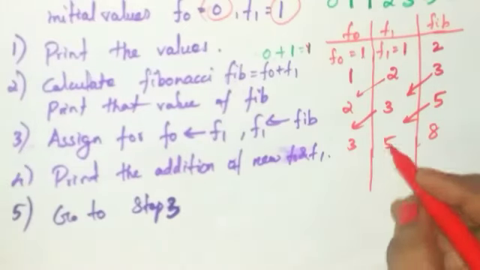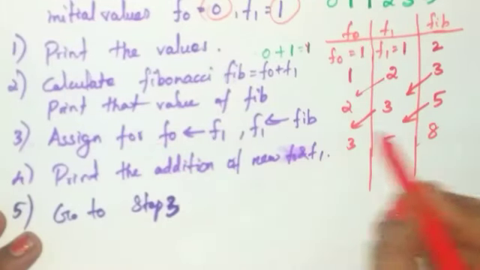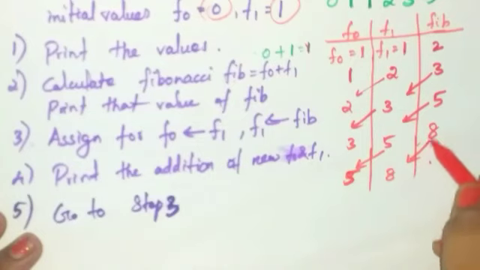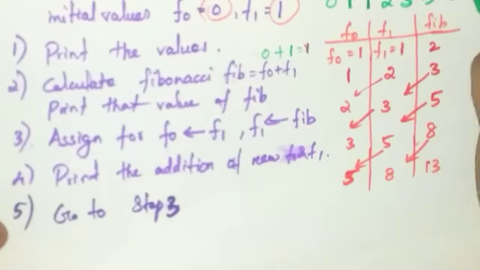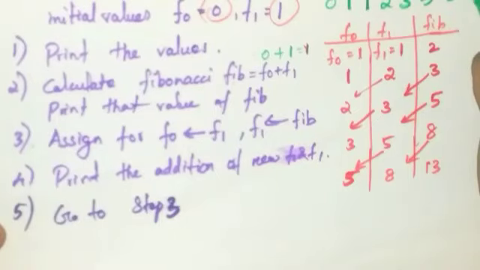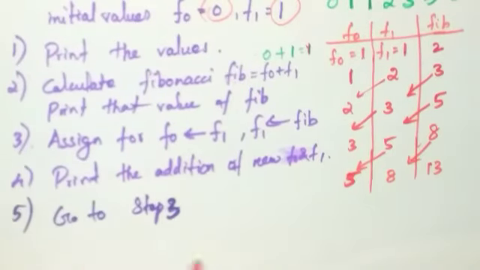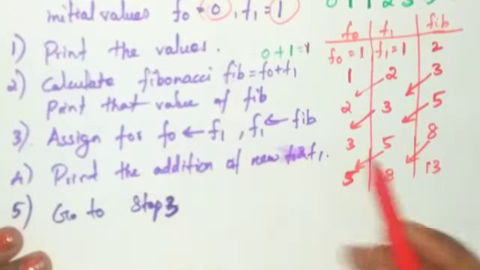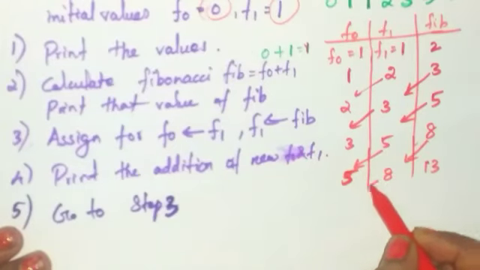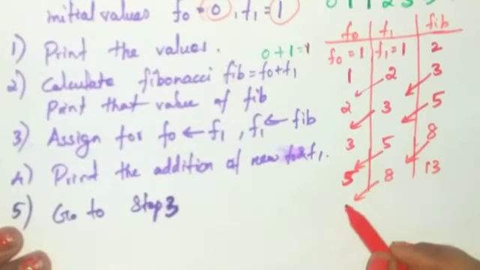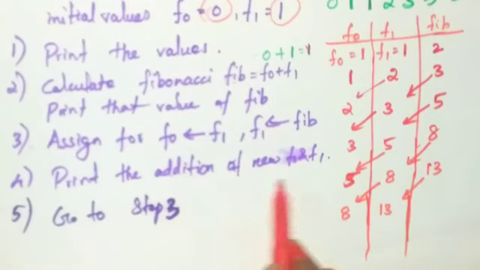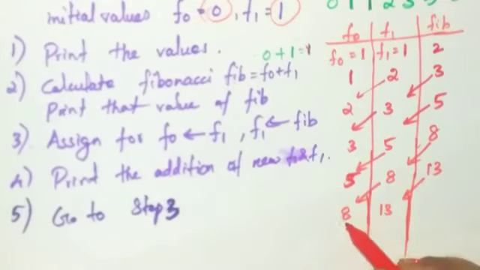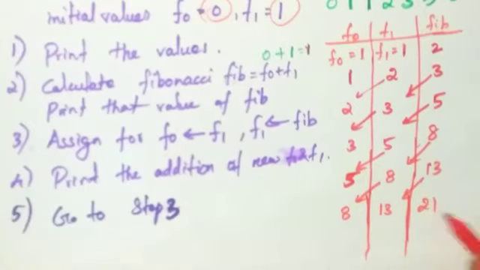Next again go to step 3. Here 5, this is 8. 8 plus 5 is 13. So this is the next value, 13. Next again go to step 3. Assign this F1 value, 8, to F0, and assign this Fib value to F1. Again print the addition of the new F0 and F1: 8 plus 13 is 21.